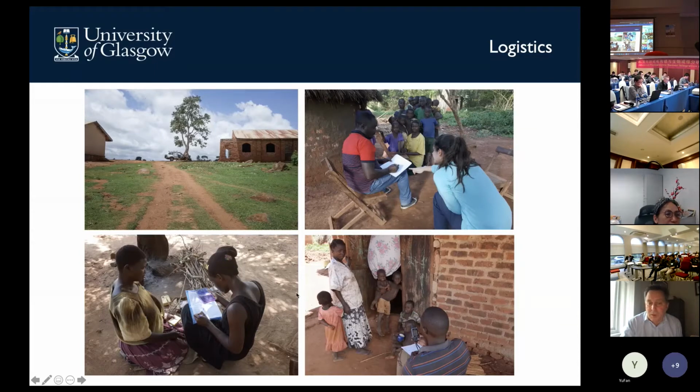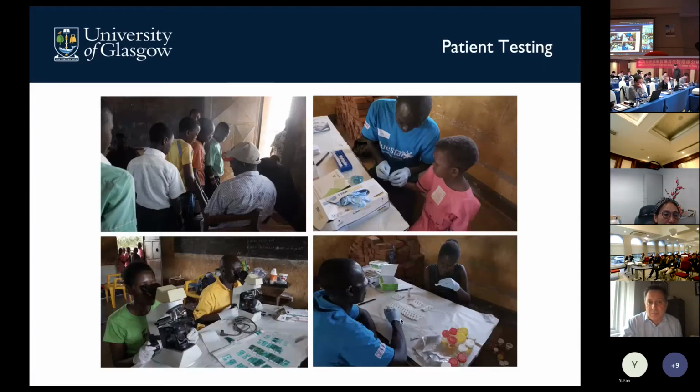We get informed consent from the parents to test children, for example, and we also do GPS logging so that we're able to do longitudinal studies on the families. And then we work in schools primarily, and the school is a really good hub for the community where, for example, people can gather together. We take a variety of different samples for different diseases.